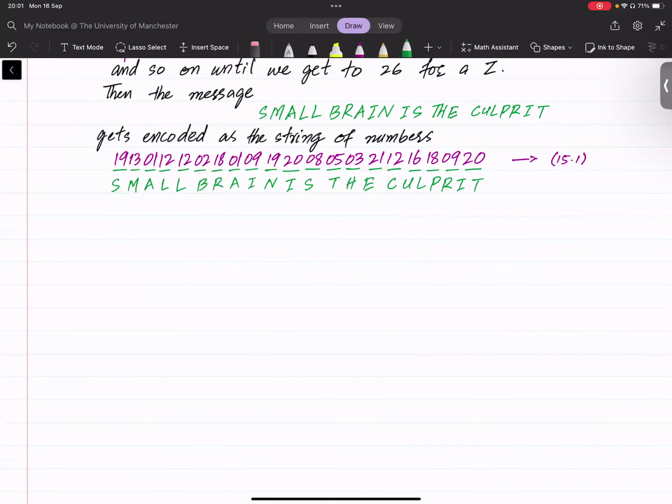Just compare them. However, anyone with a modicum of intelligence would be able to break this code in a matter of minutes if they know that we are taking 01, 02, 03 for the alphabets.